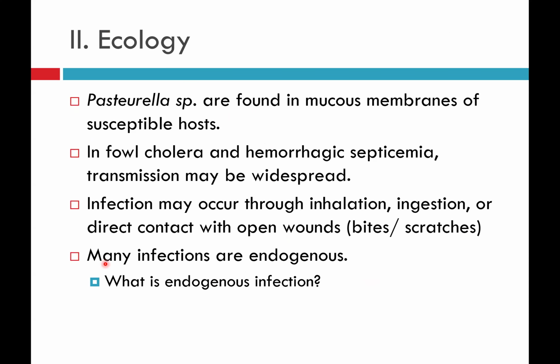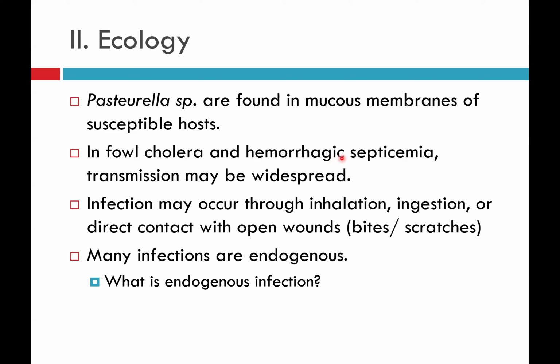So Pasteurella are found in mucous membranes of susceptible hosts. In fowl cholera and hemorrhagic septicemia, transmission may be widespread. So these are two important diseases. Especially here in the Philippines, we definitely have this fowl cholera and hemorrhagic septicemia. This is in avians, obviously, and then hemorrhagic septicemia is seen in cattle or in carabaos.